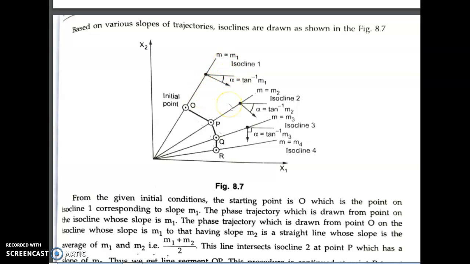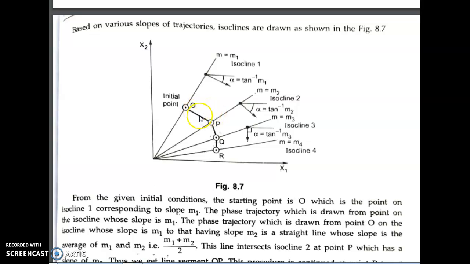The phase trajectory which is drawn from the point O on the isocline whose slope is m1 to the point having slope m2 is a straight line, that is OP.